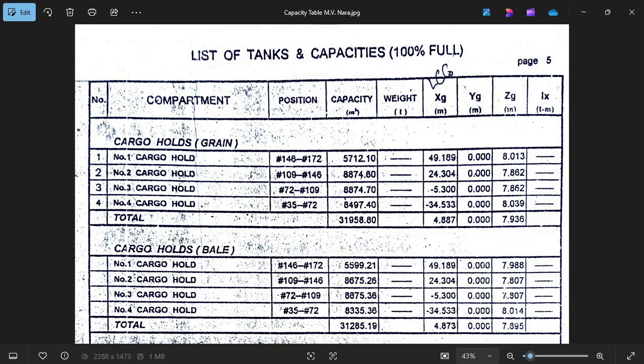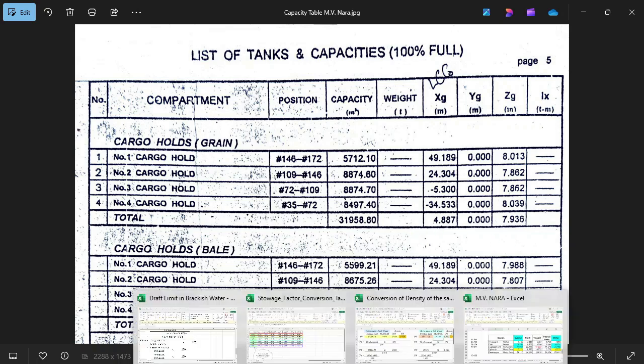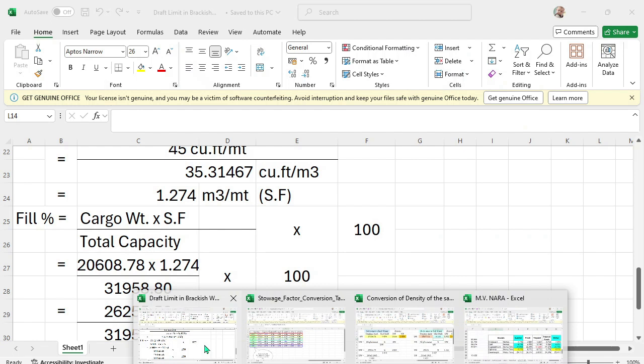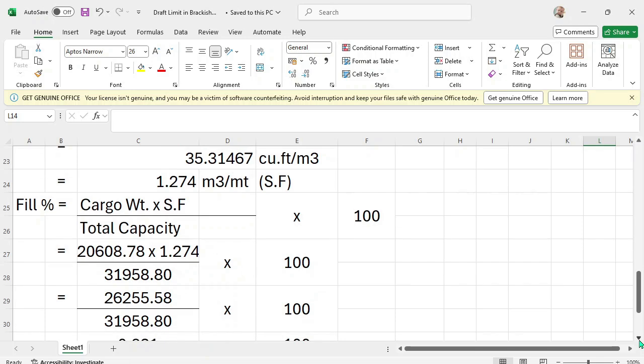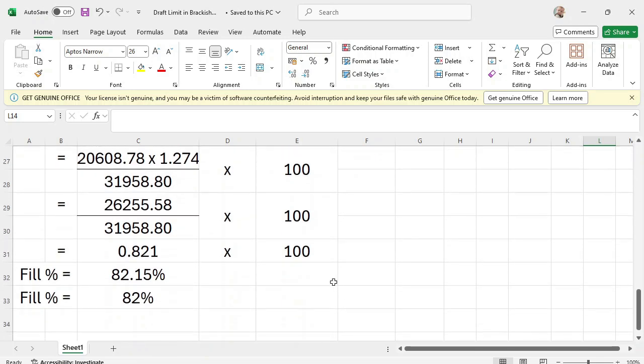Okay, go back to the times 100, and the result will be 0.8215 times 100. That will be 82.15 or 82%.